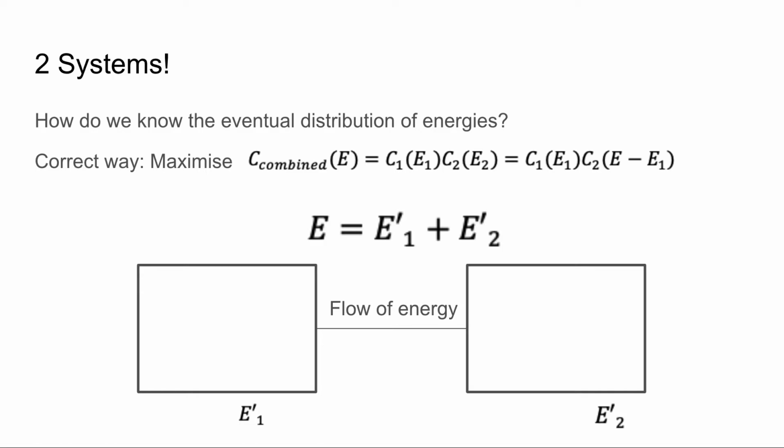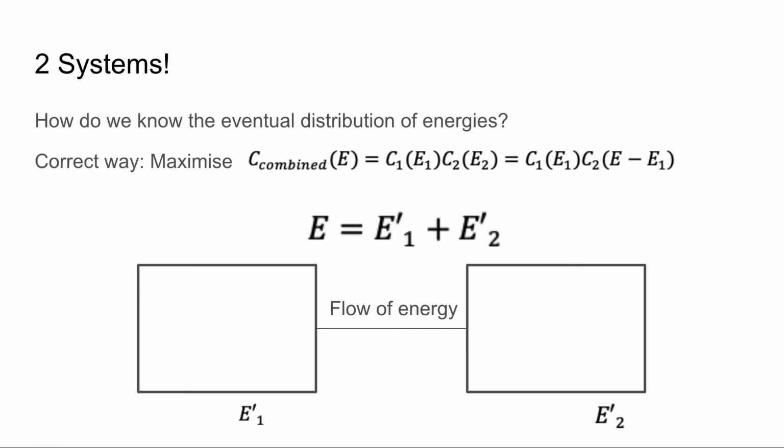On the right hand side, if C1(E1) describes the number of possible microstates associated with the E1 macrostate, and C2(E2) describes the number of possible microstates associated with the macrostate E2, then C1(E1) times C2(E2) is just equal to the total number of microstates in the system, right?